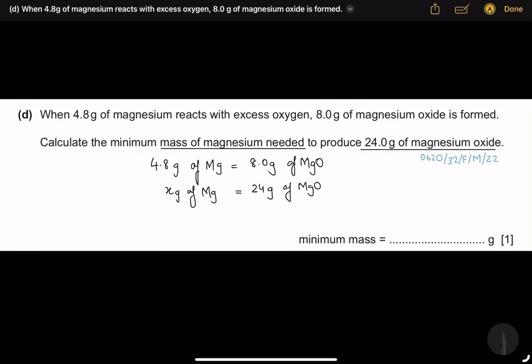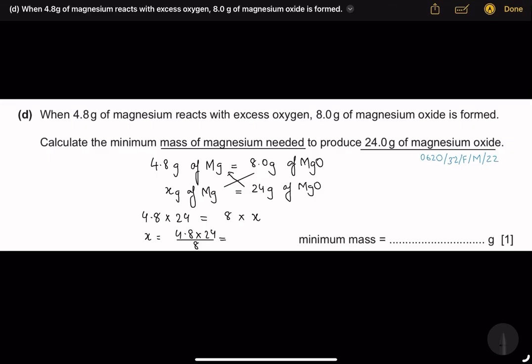So we would take this over here in multiplication. So 4.8 times 24 is equal to 8 times x. And for x we'll be doing 4.8 times 24 divided by 8.